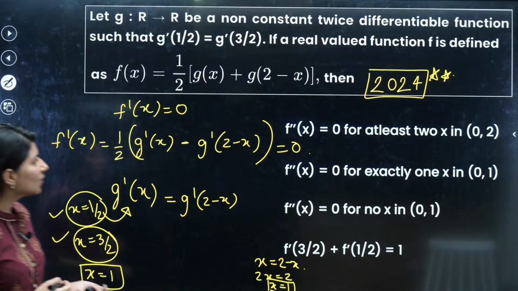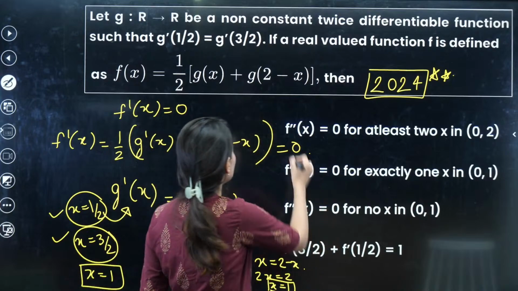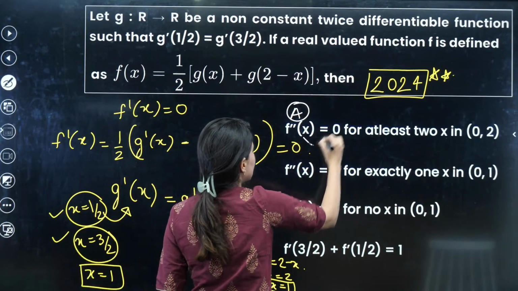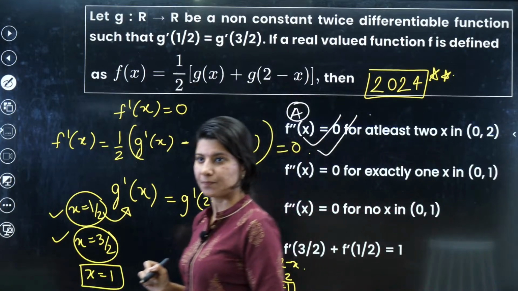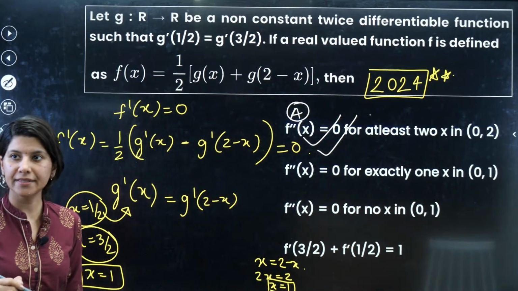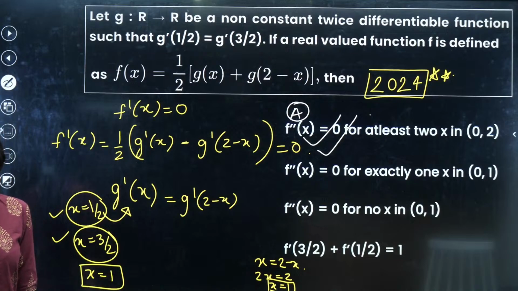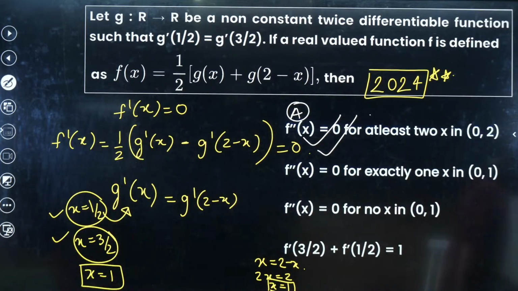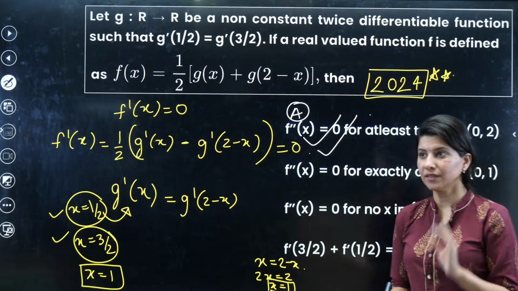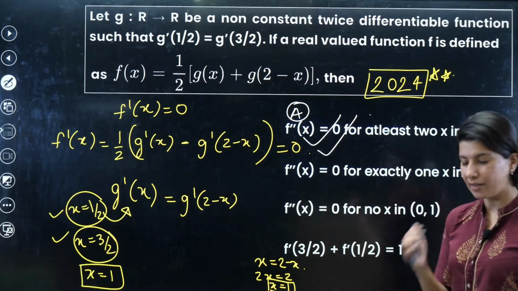So for at least two, option A is clearly absolutely right, right? Yes. Clear? I hope that it is clear.